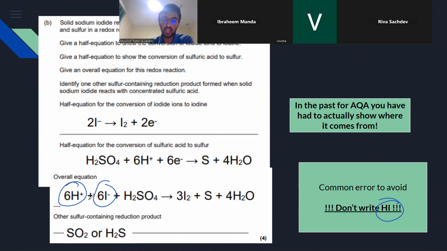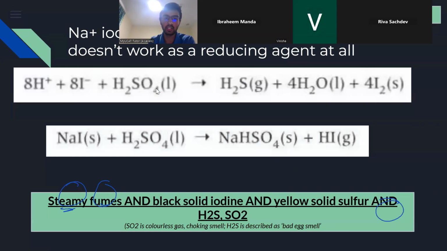You can't write HI because we do produce HI actually, but it comes from somewhere else. In this scenario, they're both staying as ions. So don't talk about HI for this. We do have HI in a different equation though. And remember, that's going to be this equation here. So this is where the HI comes in, but don't write HI in the equation with the H2SO4 and the H2S.